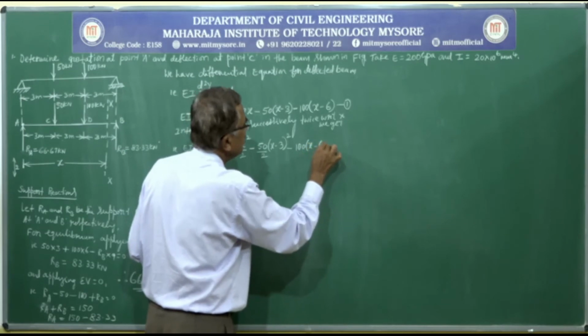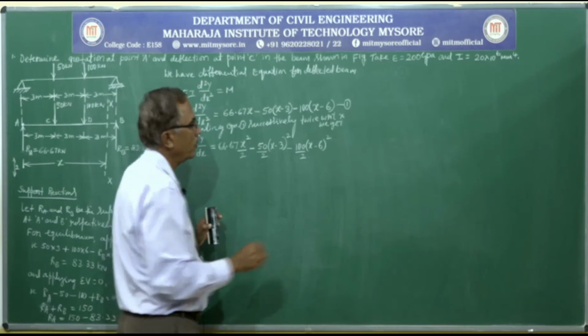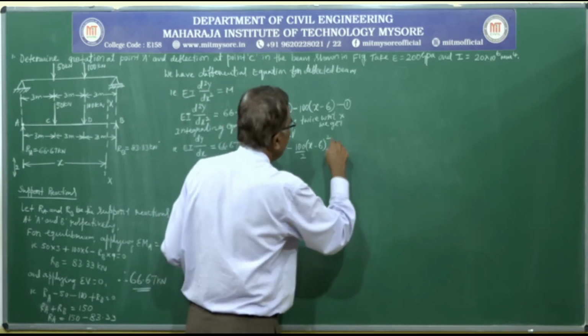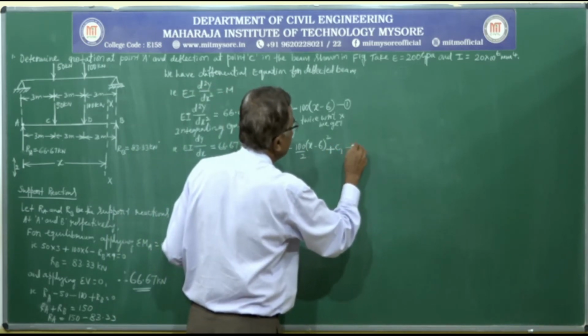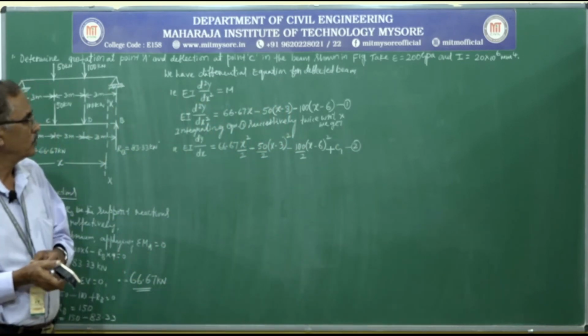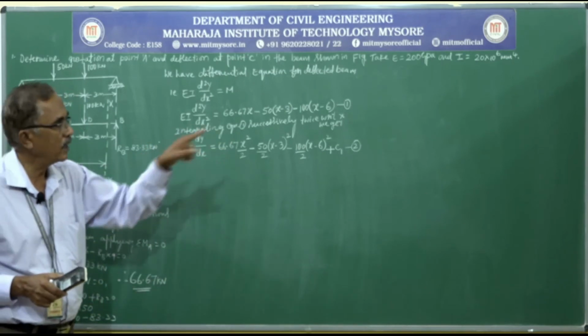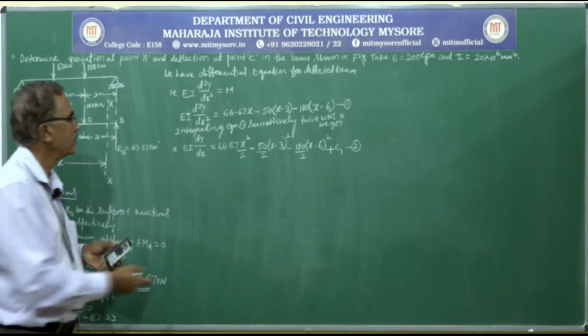Let us introduce one integration constant C1, call this equation 2. So this is the slope equation with the integration constant C1.